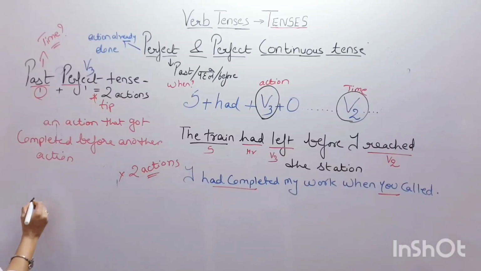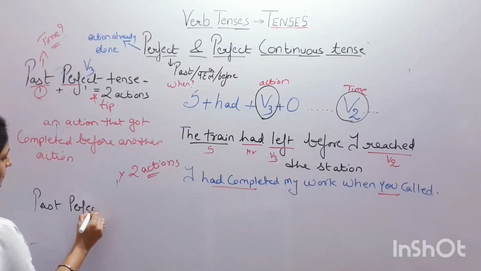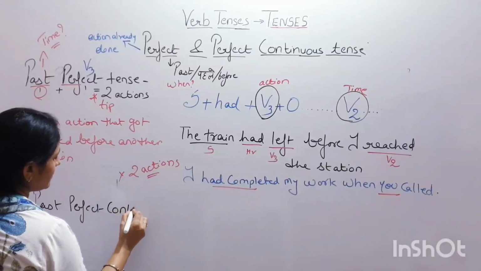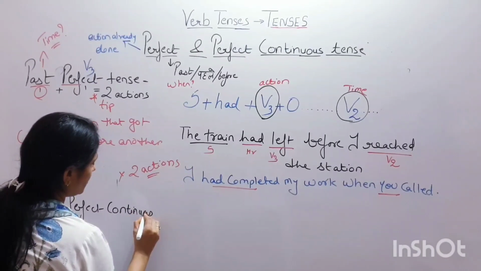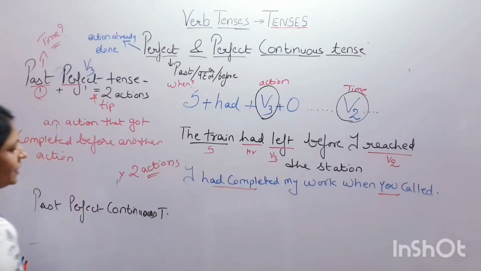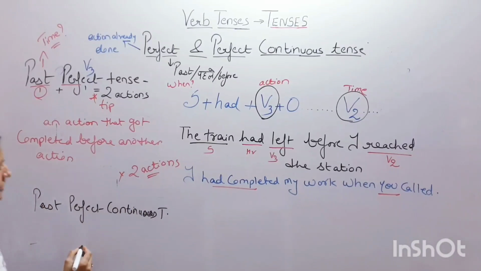After past perfect tense comes past perfect continuous tense. Now by means of a diagram again, this is your timeline, this is your present, same condition over there.